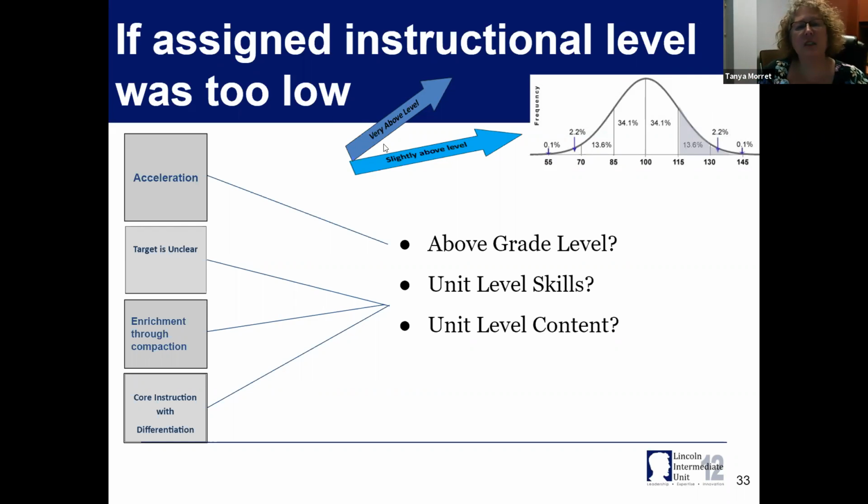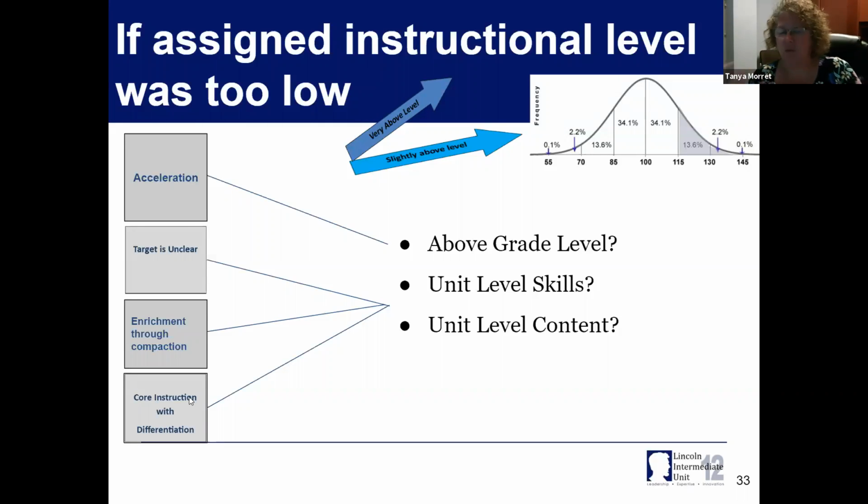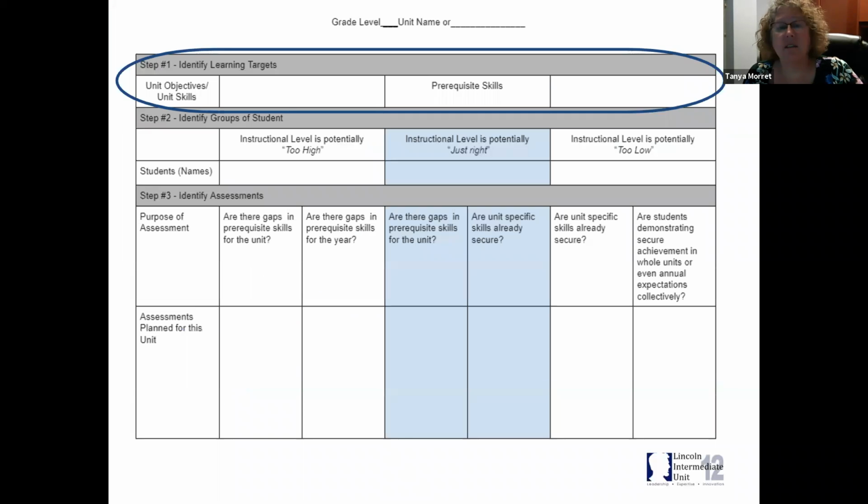And so our students in this particular group, they may need things like acceleration. Maybe we don't know how high is high, so we're going to need to do some diagnostic for them, but they might benefit from enrichment through things like compaction or some core instruction with differentiation. Most difficult first was one of the examples that I had given earlier. So let's take a look again.